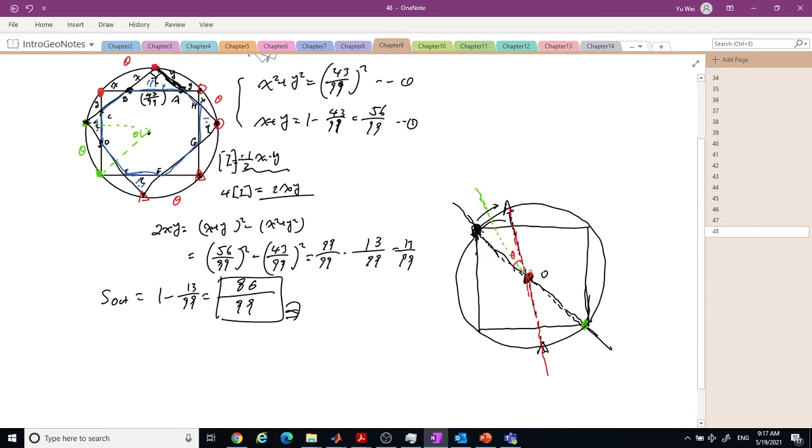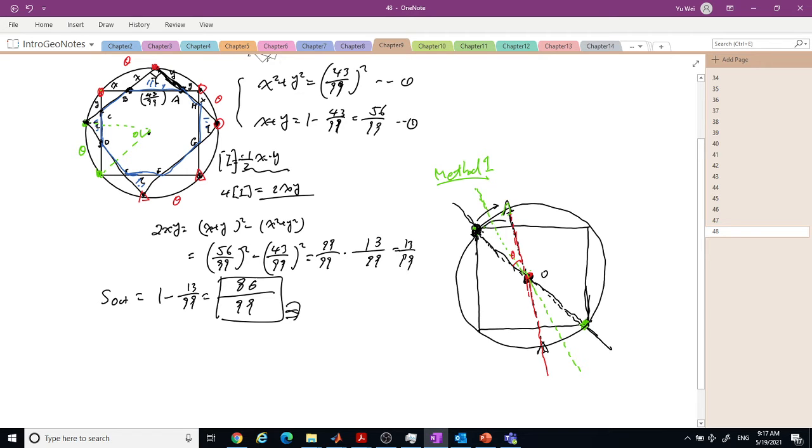That's this one. So this is method one. The rotation is the center, and from this point to this point there is also a reflection.